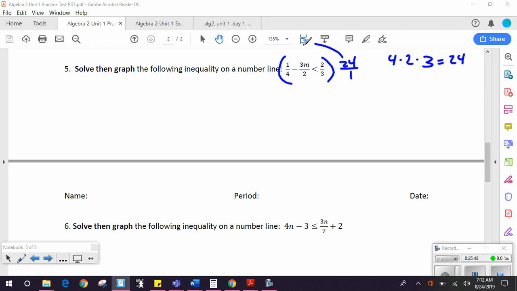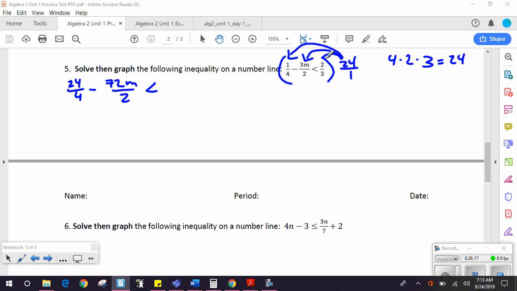So I first multiply it with the first fraction, and again, when you multiply fractions, it's top with top, bottom with bottom, so that would give me a 24 over 4. Bring down your minus sign. Now multiply it with the second term. 3 times 24 is 72m, and it's over 2. Bring your less than symbol.